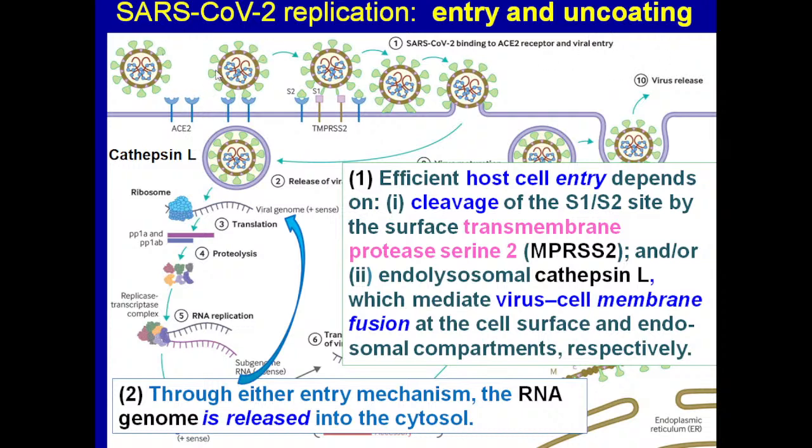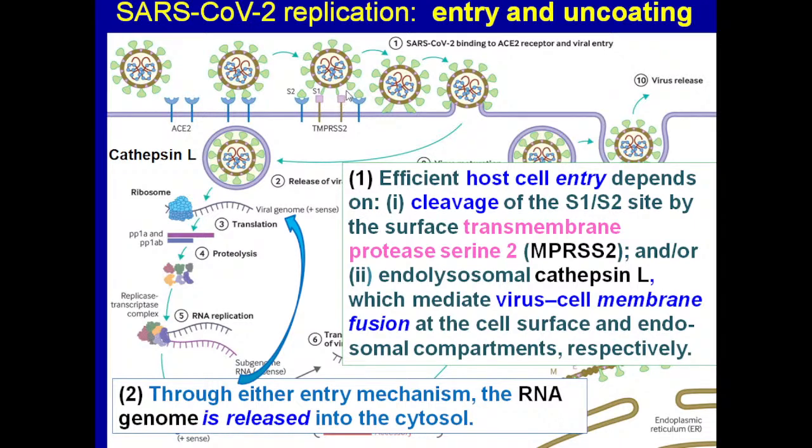You can see the process of binding, but it is important that efficient host entry depends not only on the binding with the ACE2 receptor, but also on the effective cleavage of S1 and S2 by the transmembrane serine 2 protease.